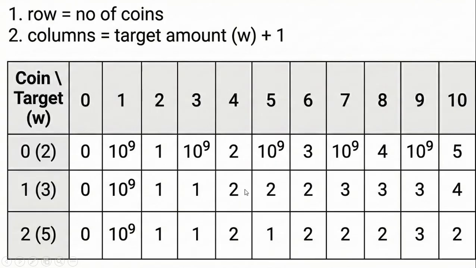Which is smaller? 2. So we simply write 2 here. The same method will fill this whole table, and we will use this again and again until we reach our final destination point.